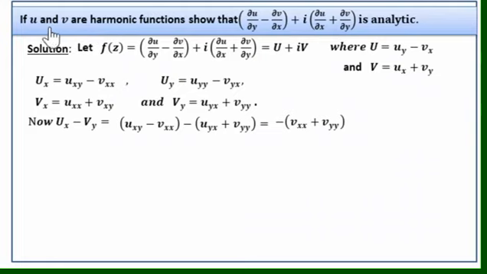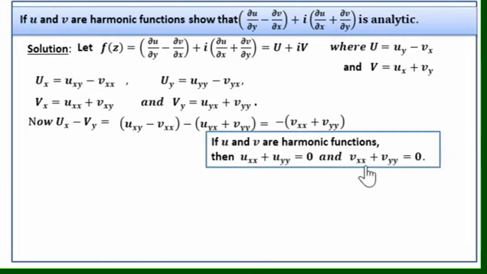That means uxx plus uyy equal to 0 and vxx plus vyy equal to 0. U and v satisfy these two equations. So taking this vxx plus vyy equal to 0 here, this becomes equal to 0. So we have proved that ux minus vy equal to 0, or we can say ux equal to vy. Okay, so this is the first Cauchy-Riemann equation for capital U and V.